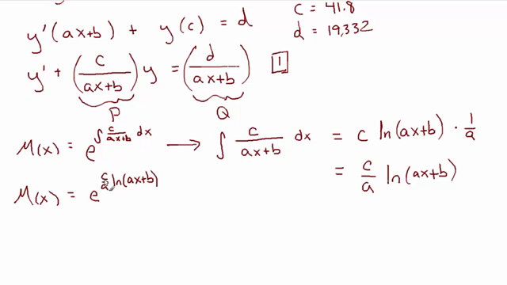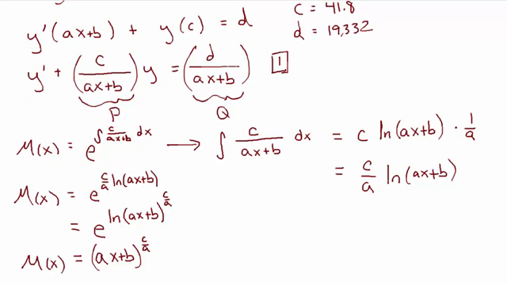So let's apply that right here and make c over a the exponent on ax plus b. What we'll end up with is e to the ln of ax plus b, where ax plus b is being raised to the c over a. And now we get a very nice simplification. e to the ln cancels out, and you end up with ax plus b raised to the c over a, which is quite a bit simpler than we would have otherwise had.